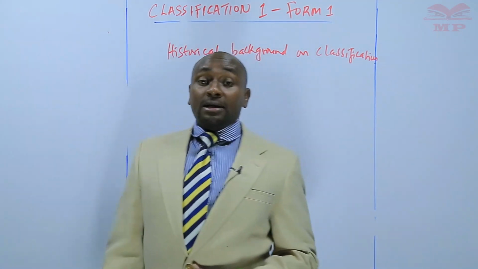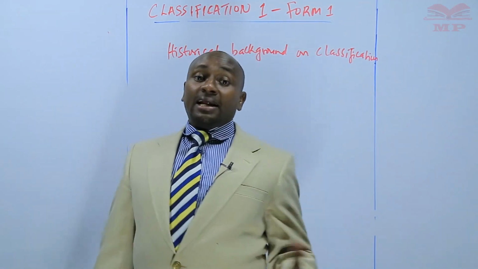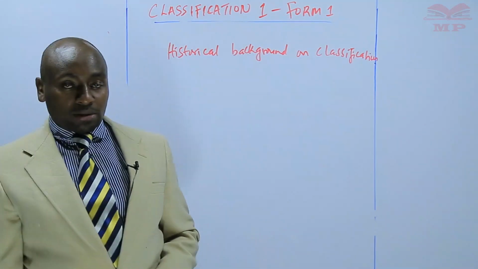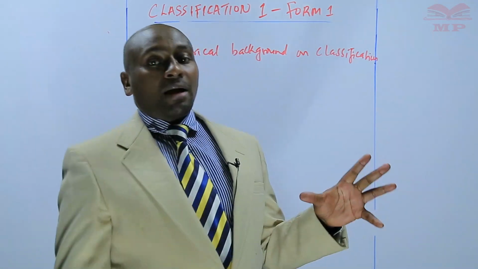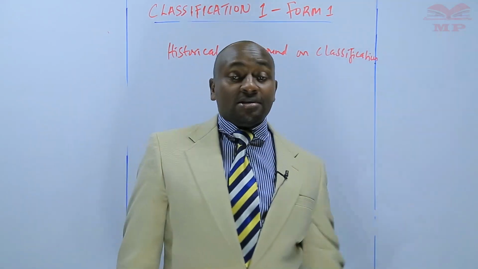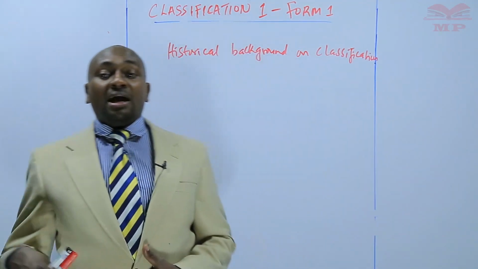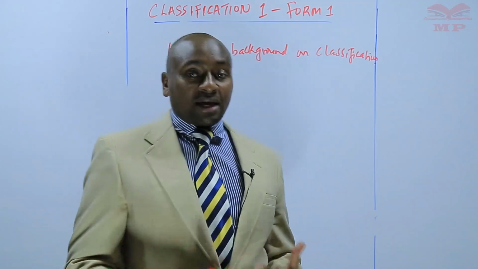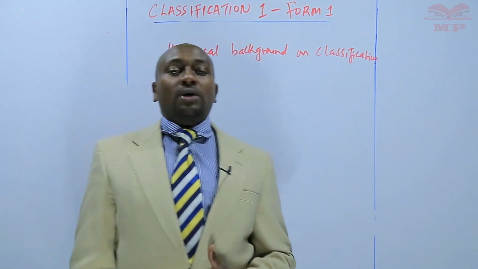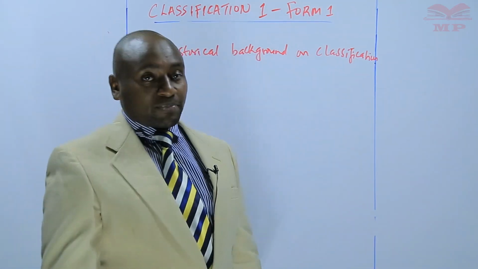For example, some plants were declared as edible while others are non-edible. Some animals were being classified as being ferocious, others as being calm. So that is basically based on human perception of particular living organisms.